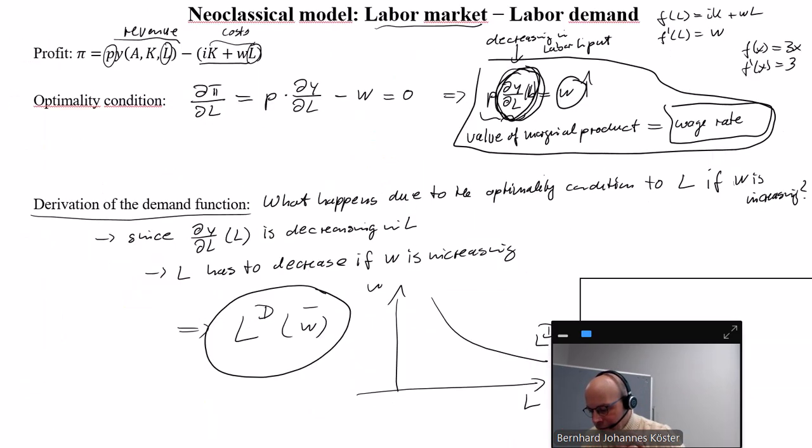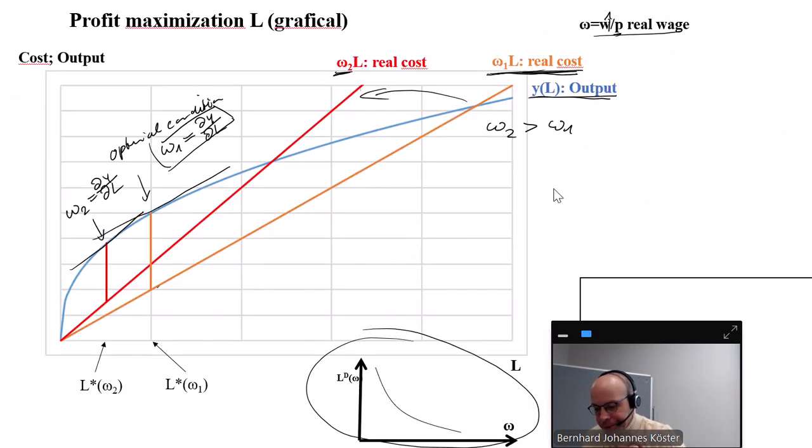And we also derived this graphically. Profit is just revenue minus costs, where the revenue or real output is given by our right-bended neoclassical production function, and costs is just a linear line with the slope equal to the wage rate.